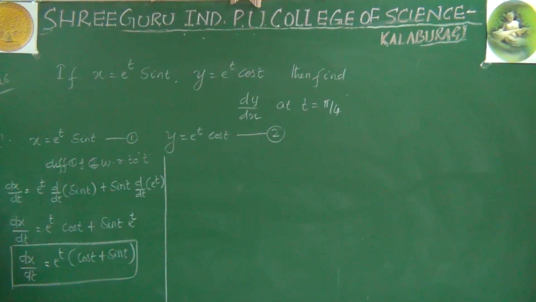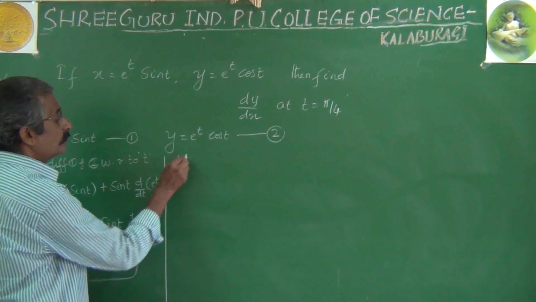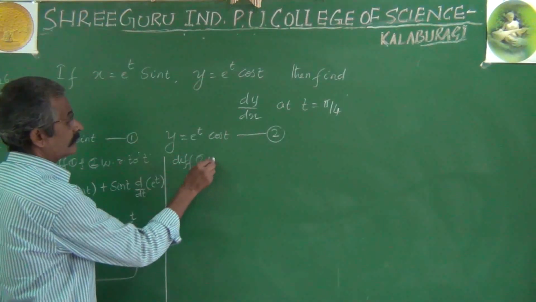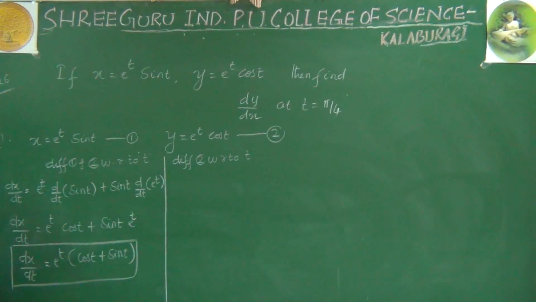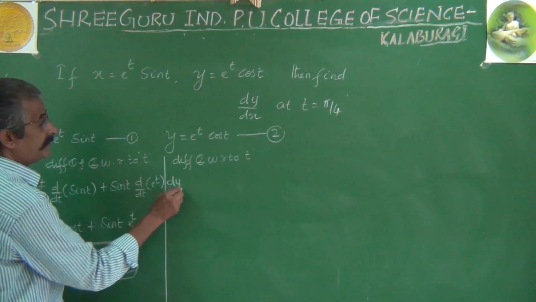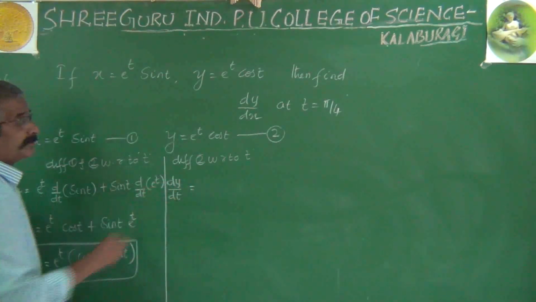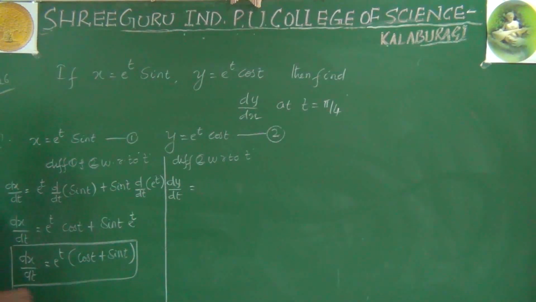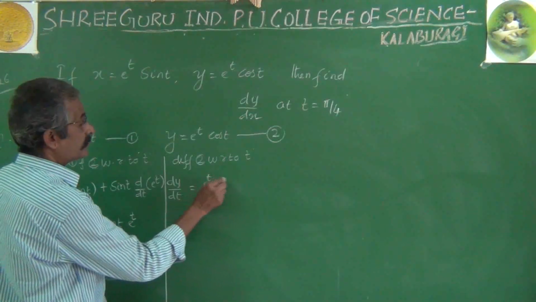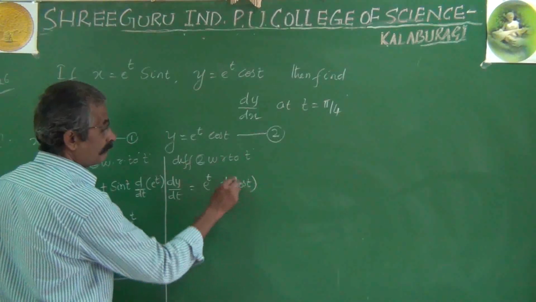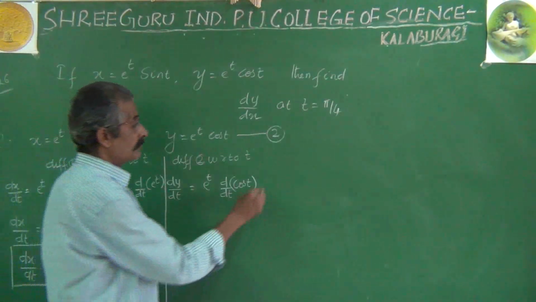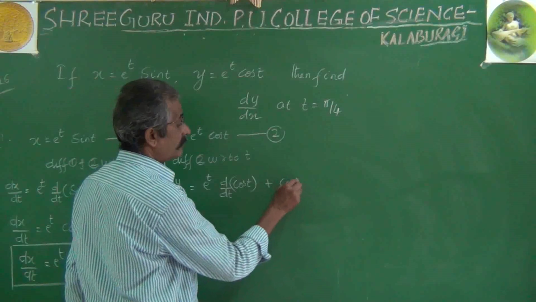In exactly similar manner, now we shall differentiate 2 also with respect to t. Differentiating 2 with respect to t, left side notation is dy by dt. On the right side we need to apply once again the product rule. First function e raised to t into differentiation of cos t plus second function cos t into differentiation of e raised to t.